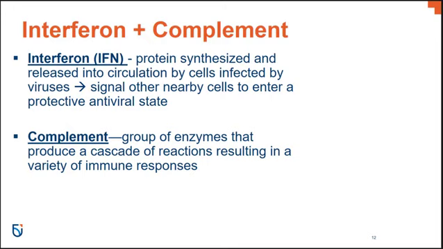There's a lot more detail on the complement system than what we go into in normal anatomy and physiology, but in other courses, like altered physiology and pathophysiology, that's when you'll learn a lot more about this complement cascade. And so we can collectively refer to both interferons and complement proteins as being protective proteins.